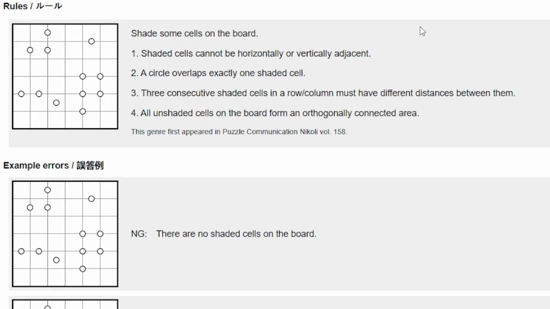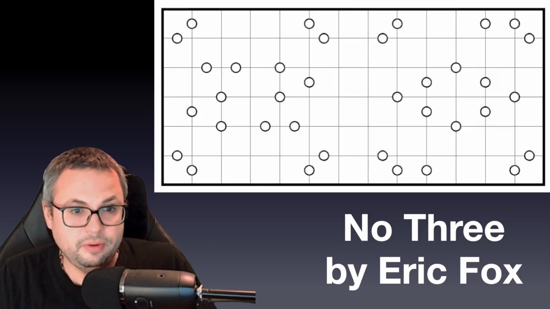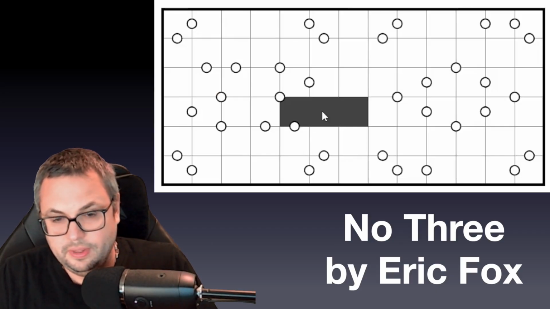So I haven't done this before, but fortunately there are rules, so we're going to read the rules carefully. So we're supposed to shade some cells. Shaded cells can't be orthogonally adjacent, so I can't shade two cells that are next to each other. Circles in the grid that look kind of like Kropke dots always overlap exactly one shaded cell. Three consecutive shaded cells in a row must have a different distance between them. So, of course, I can't do that.